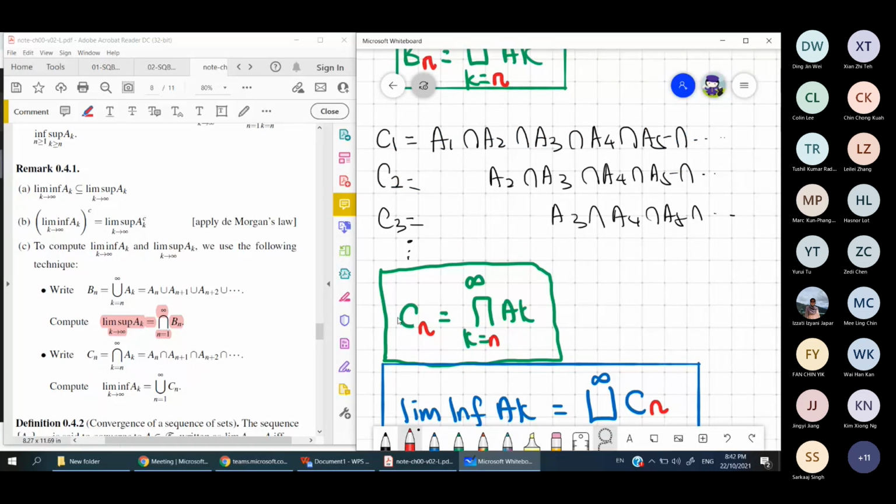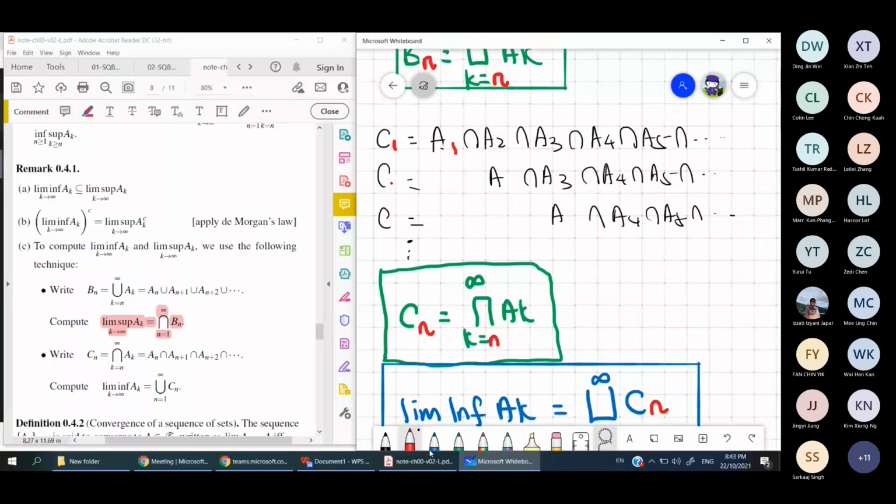As you can see here, maybe again I change the color so that you can see clearly. That means you begin with 1, that's why K is running from 1. So K is 1, 2, 3, and so on.